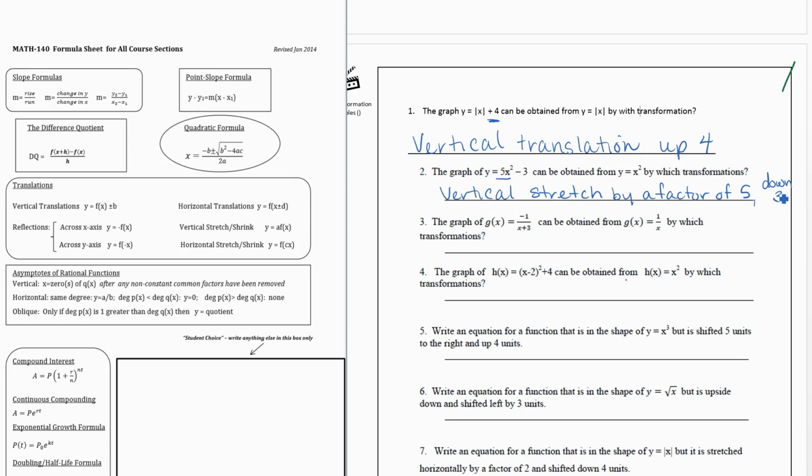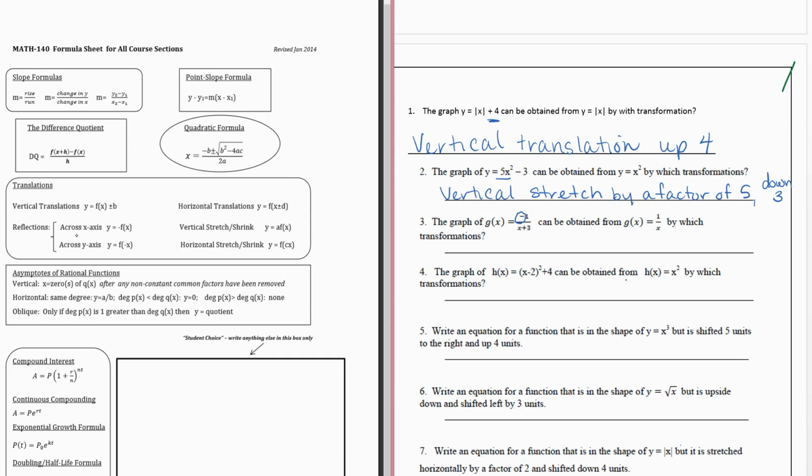Okay. So number 3 says the graph of g of x equals negative 1 over x plus 3 can be obtained from g of x equals 1 over x by which transformations? Now there's a couple of things going on. We've multiplied the whole function by a negative 1, and where there was an x, we've now plugged in x plus 3. Since that's not a plus 3 at the end, it's actually where the x is in the function. Think of that like inside the parentheses. Multiplying the whole thing by a negative 1 is our reflection across the x-axis.